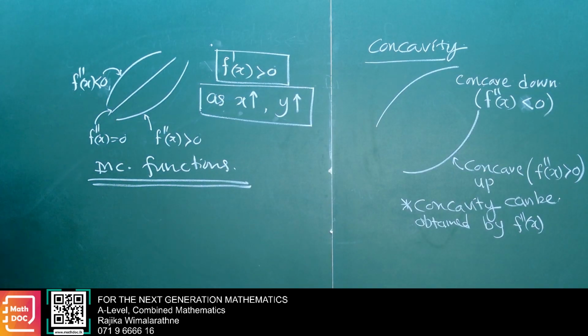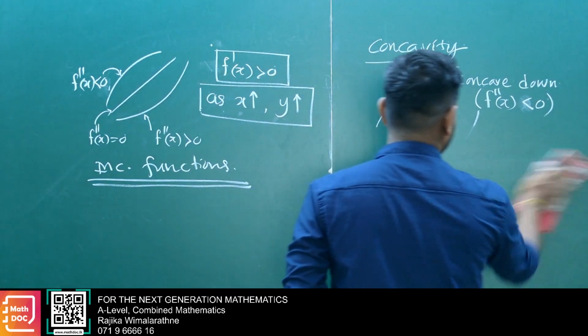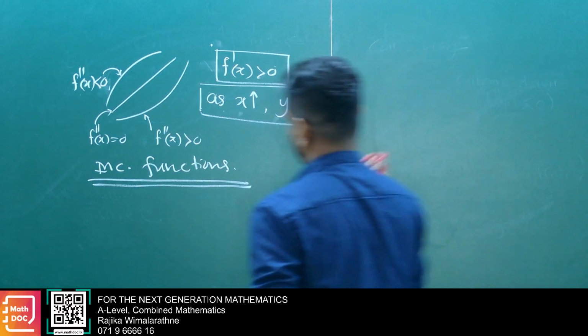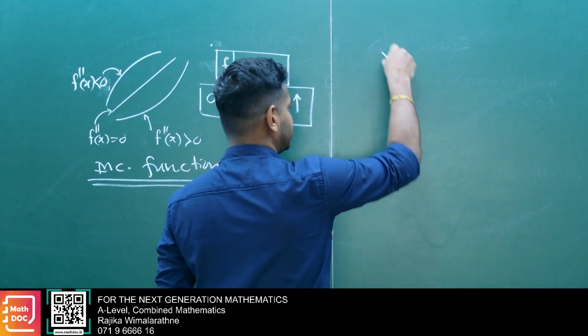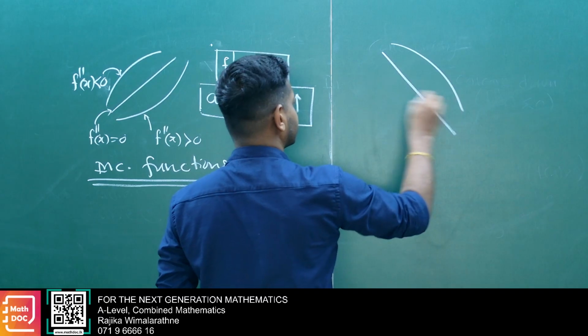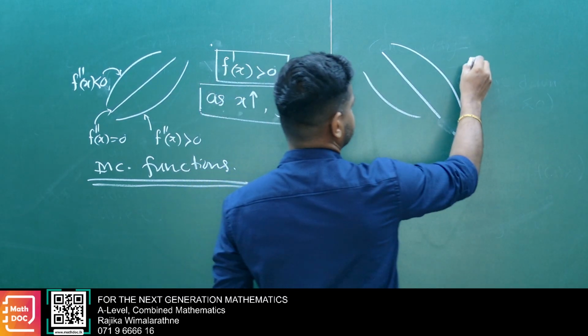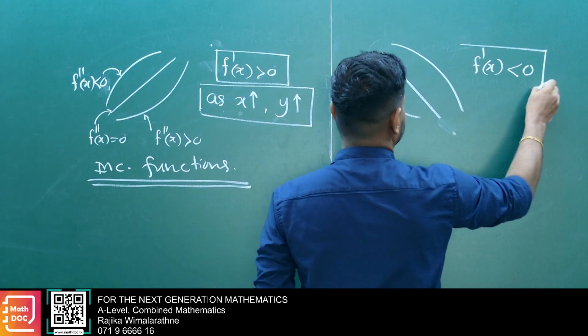Okay. Then similarly we have decrease in functions. Here there are three cases again. For all cases, f dash x is negative for a decrease in function.